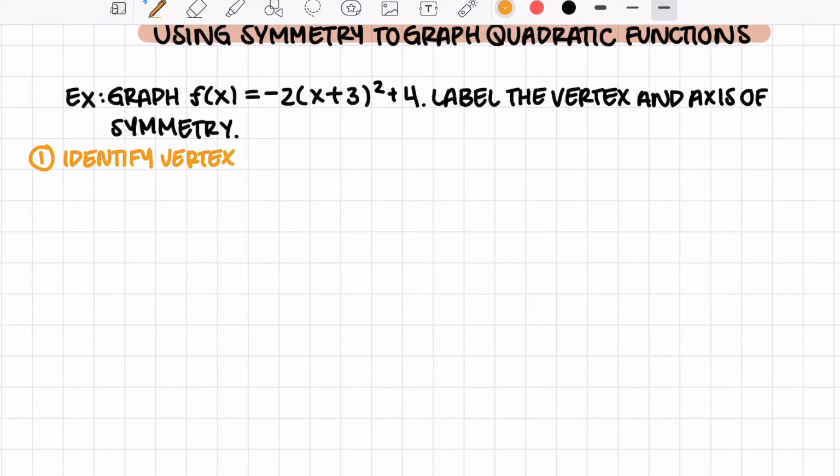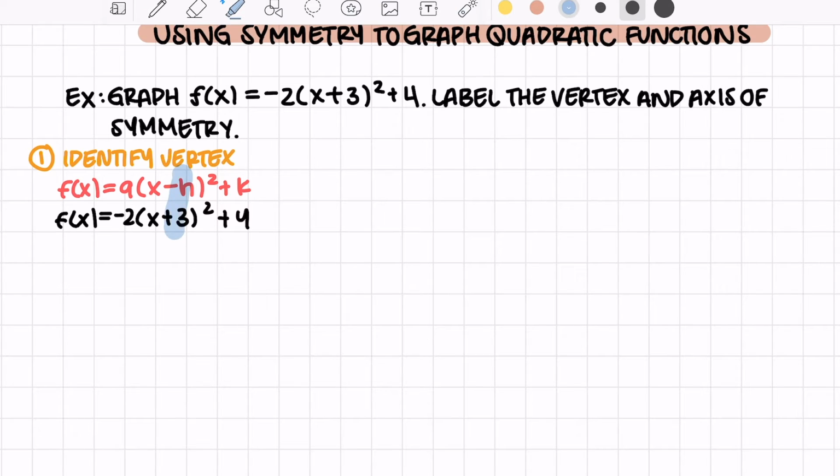If you remember from the last section, we learned that the vertex form of a quadratic function is f of x equals a (x minus h) to the power 2 plus k. And if I align that with my function, which is negative 2 (x plus 3) to the power 2 plus 4, we can find that our h value and k value are provided to us.